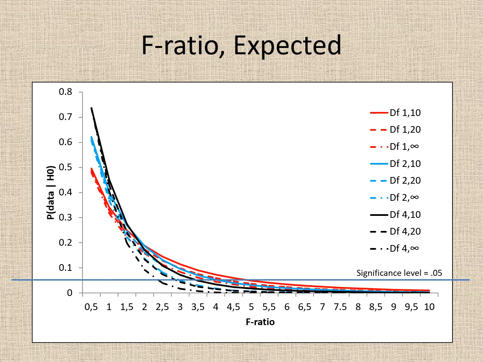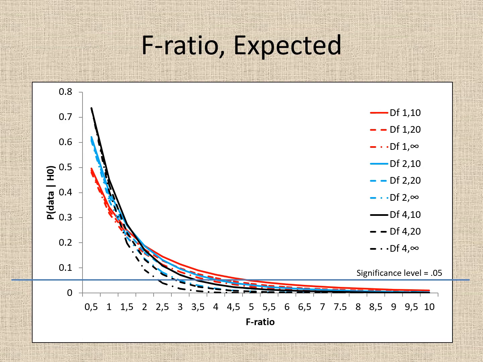So if we, for instance, have 1 and 10 degrees of freedom, that would mean that we have 12 individuals in 2 samples. That's our data: 12 individuals altogether, in 2 samples. Then it would be this red line here.